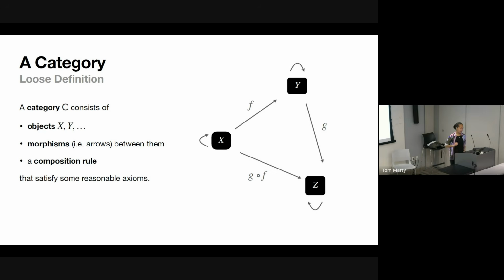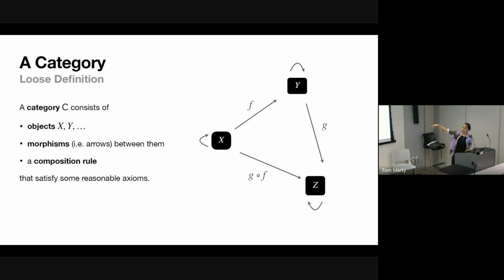Loosely speaking, a category, call it C, consists of some objects, X, Y, Z, whatever. They could be sets or vector spaces or numbers or strings, etc. Together with, you have to specify a relationship or an arrow between them. Technically those are called morphisms.